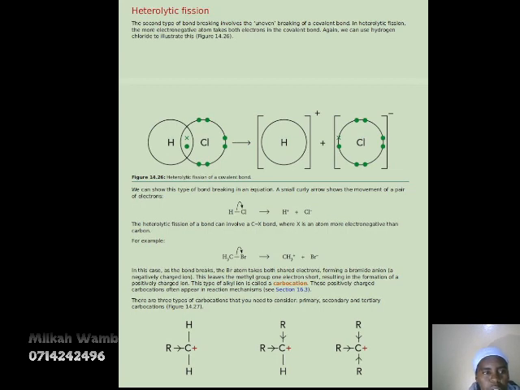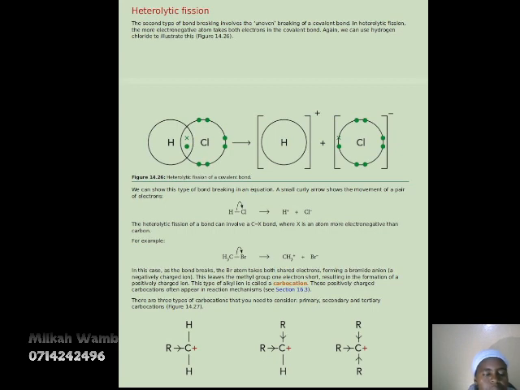The second type of reaction is known as heterolytic fission. It's a type of bond breaking in which both of the electrons forming the bond are taken away by one of the atoms forming the bond. For example, hydrogen chloride can also break heterolytically, whereby the electrons forming the covalent bond are both carried away by the chlorine.